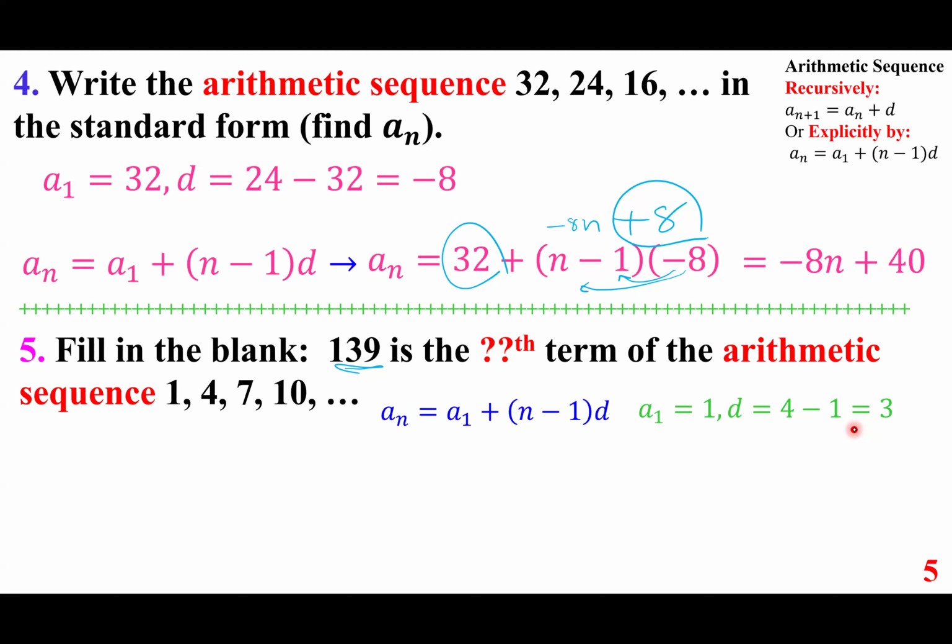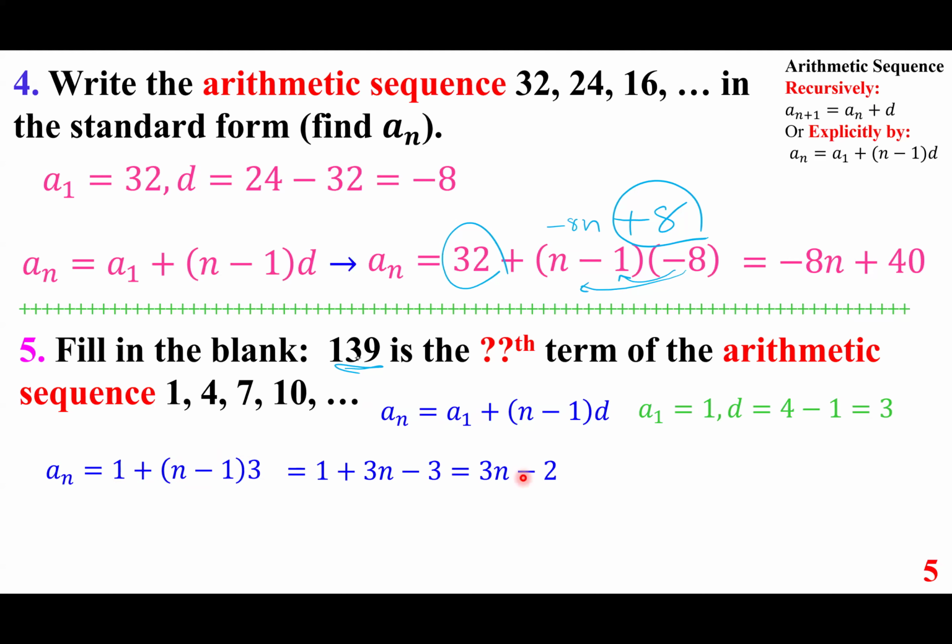So plug in and observe. We're going to replace the a sub 1 with 1, and d with 3. And so we get 1 plus 3n minus 3, 1 and negative 3, they add up to negative 2. So we have a sub n.